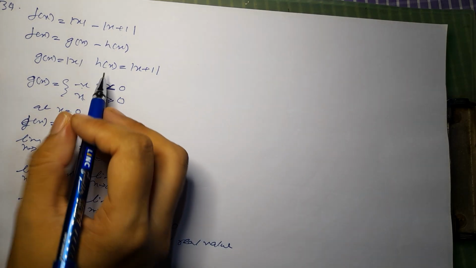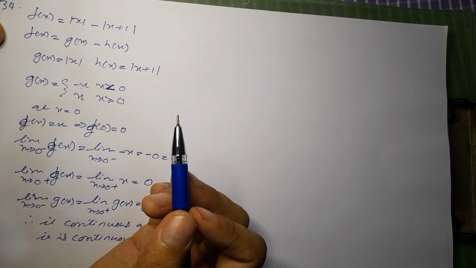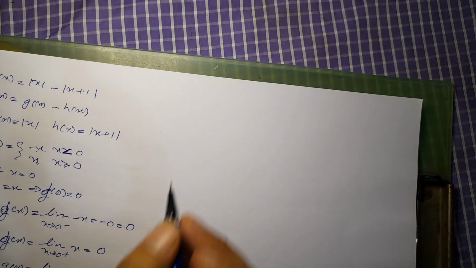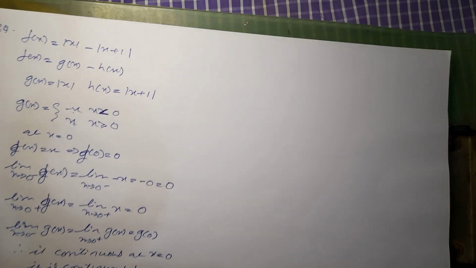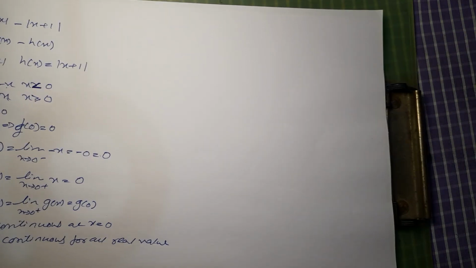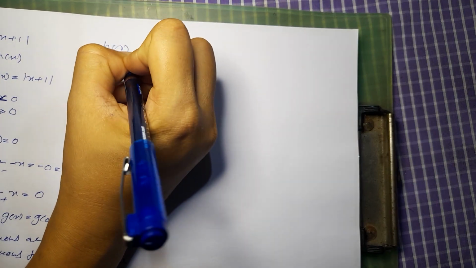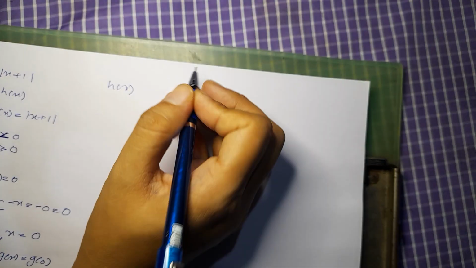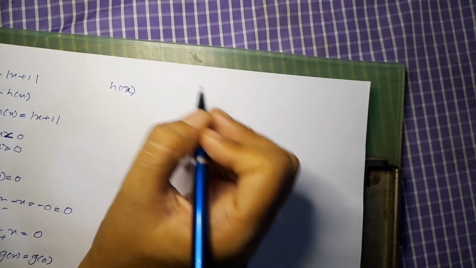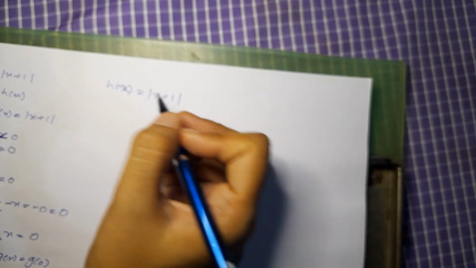Now we have to find for h(x). For h(x), we have to make it a function first. So h(x) is equal to modulus of x plus 1. We have to use the modulus function.